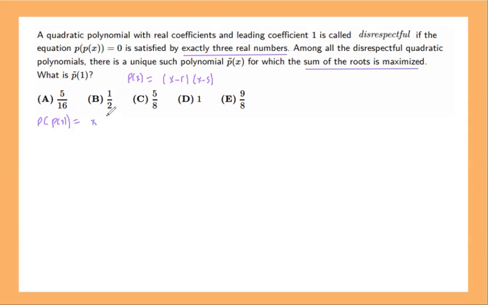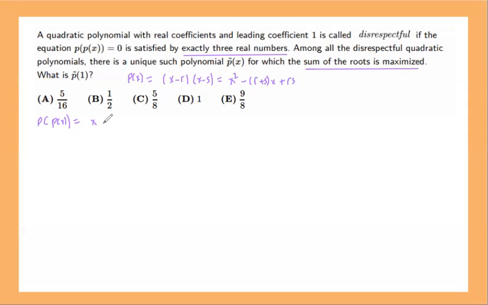Maybe I'll expand this first. If I expand it, I get X squared minus R plus S times X, plus RS. Now this is my P of X, and I will replace X in P of X with P of X.